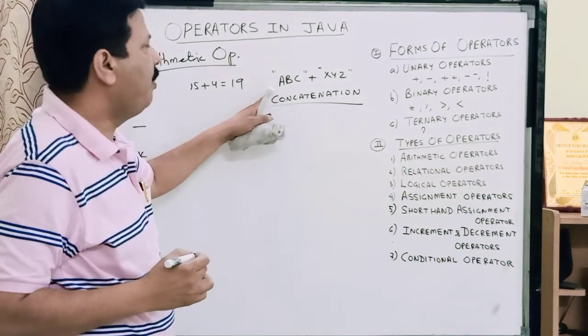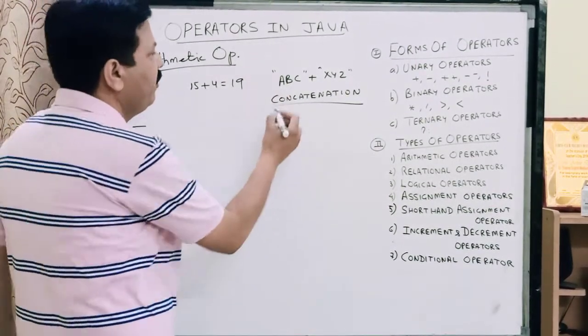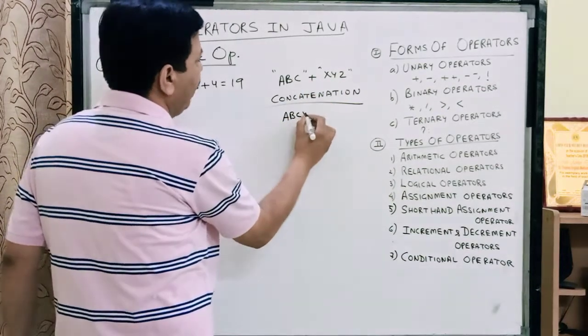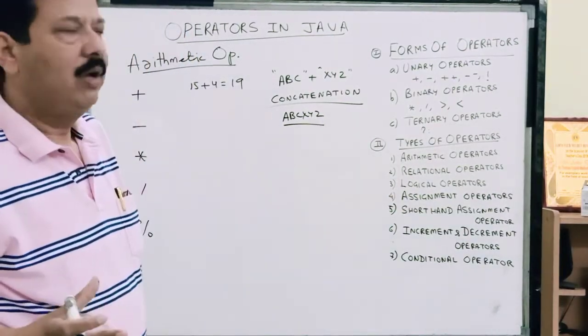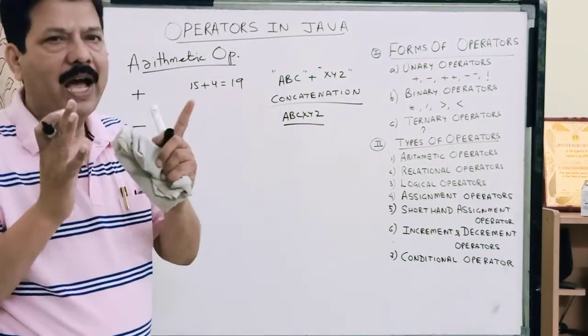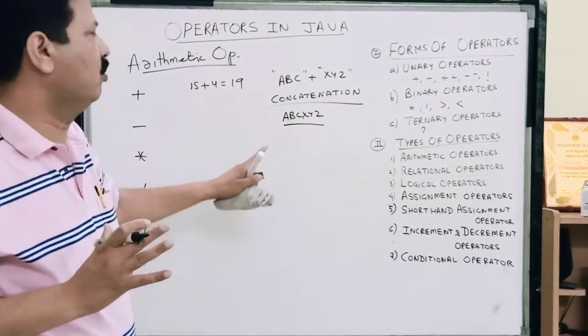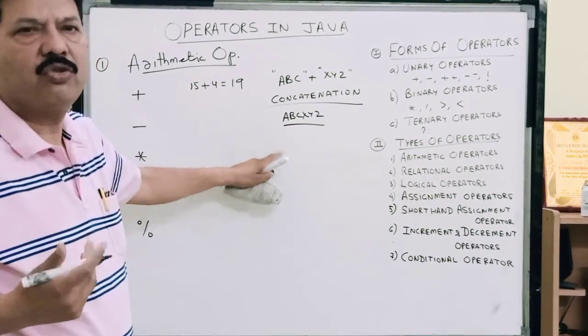So this operator, if it is used with string operands, is going to join these values and you will get a value like ABC with XYZ joined to it. So in case of a plus operator, if either or all the operands are of type string, then it is going to, children, concatenate or join these two string values.